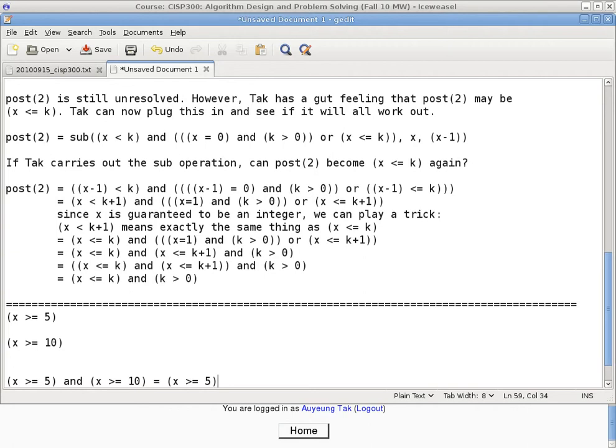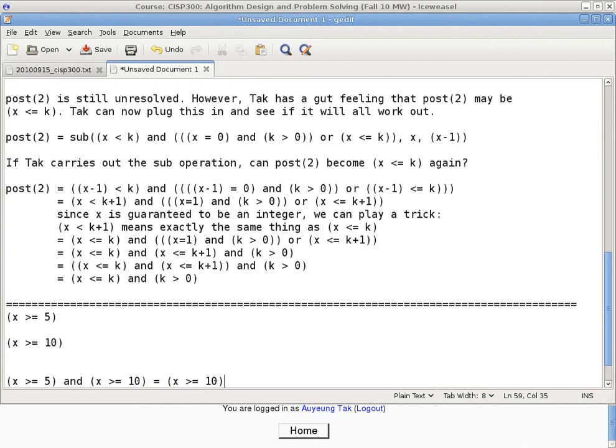Because in this case, I can say x equals, what about 6? If x equals 6, this will be true, this will be false. True and false is going to be false. What about the right-hand side? The right-hand side is going to be true. So that means this entire thing is not the same as this statement. They are not the same. Now, what if I change it so that maybe Tech was wrong, right?